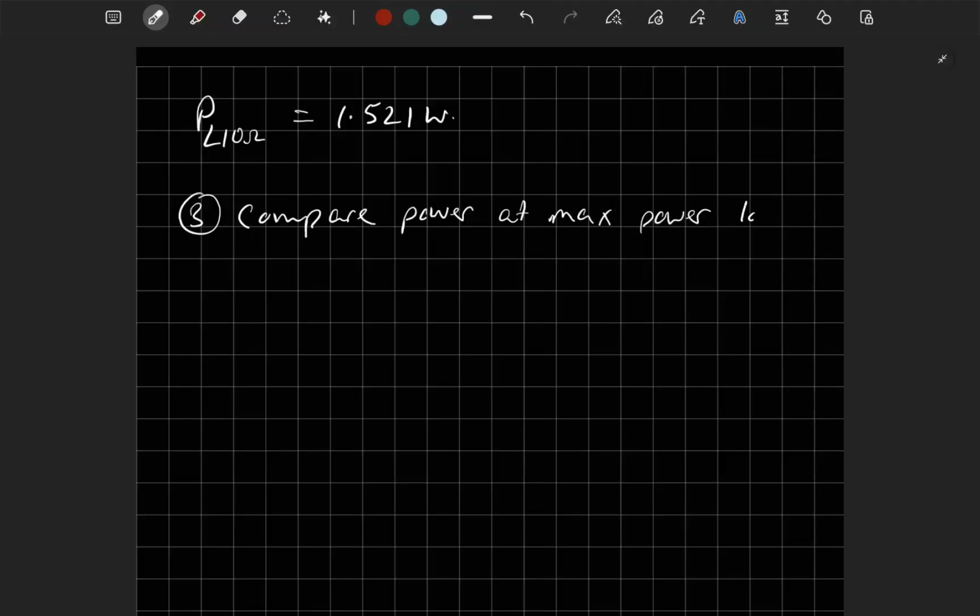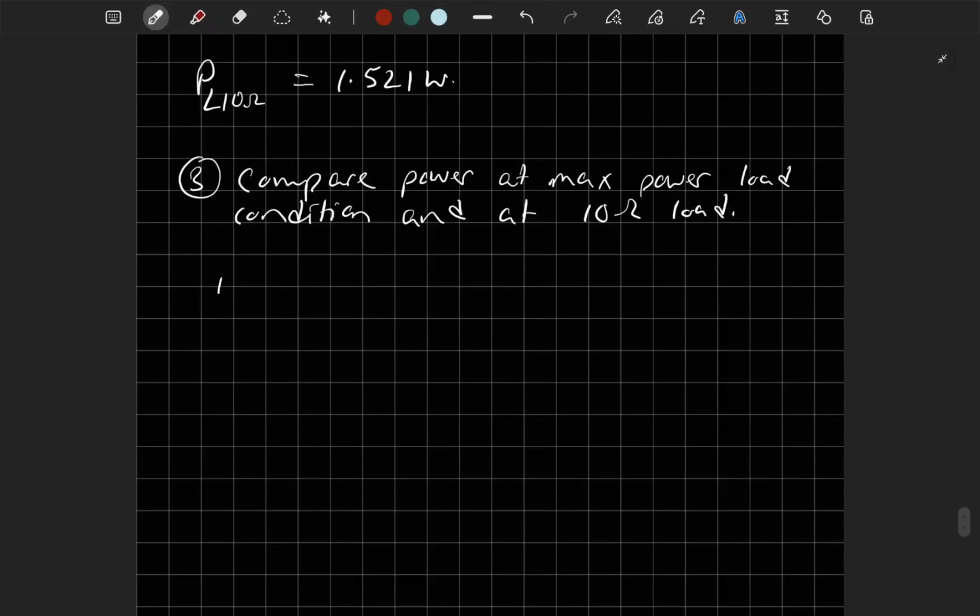So max power load condition, which is what we found in question number 1, and at 10 ohm load. Okay, so at 10 ohm load, we just found PL 10 ohm is equal to 1.521 watt, right?